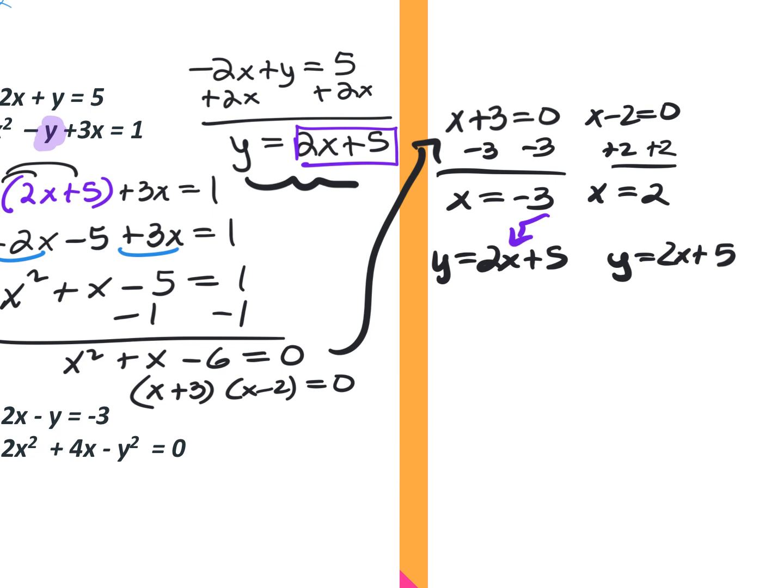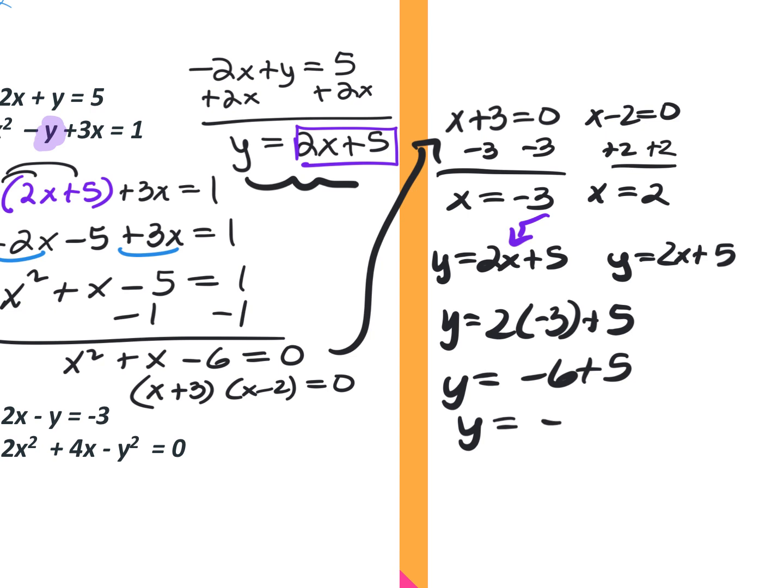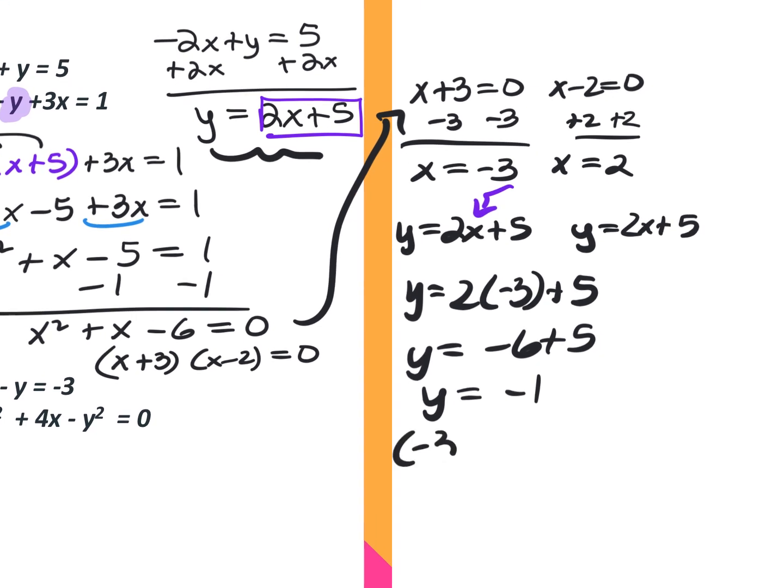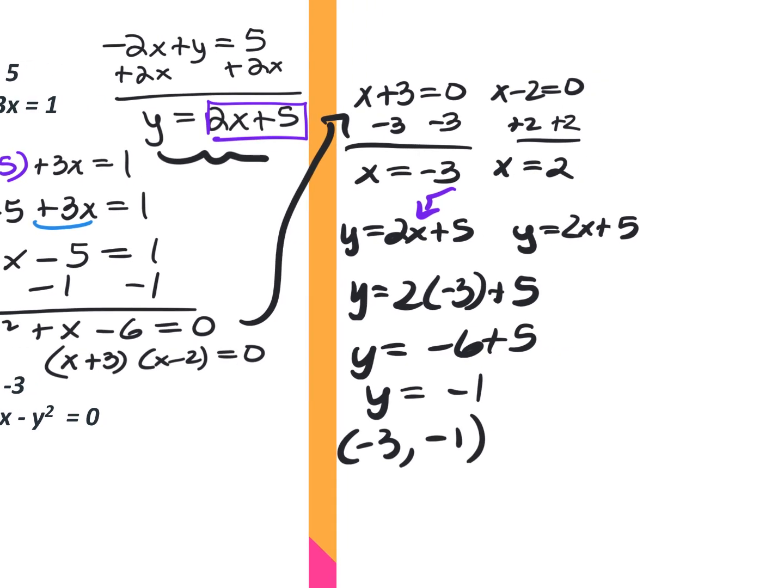First, plug in -3. So y equals 2 times -3 plus 5, which gives me -6 plus 5, and I get y equals -1. So my first ordered pair is -3, -1. I'm going to do it again, but this time plug in +2 for x.